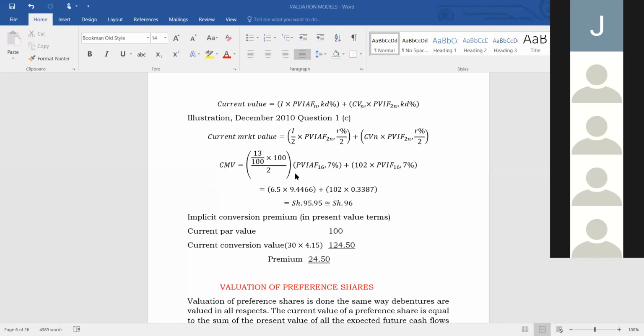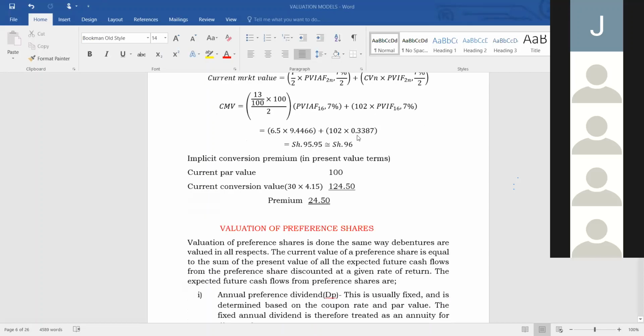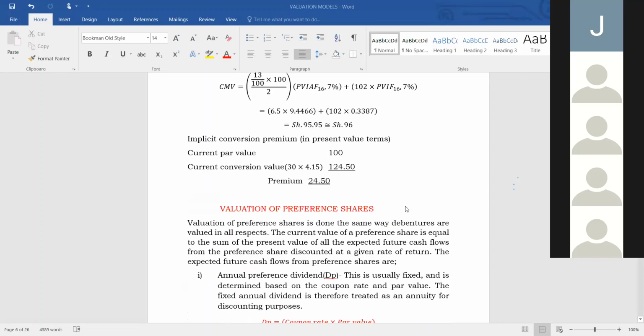Those bonds are expected to be converted into equity at some point in time, giving rise to a certain number of shares times the price of each ordinary share at the time of conversion, which is the conversion value. So you pick the interest as an annuity and the conversion value, and then you discount.